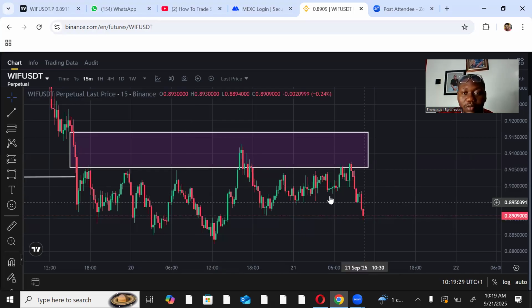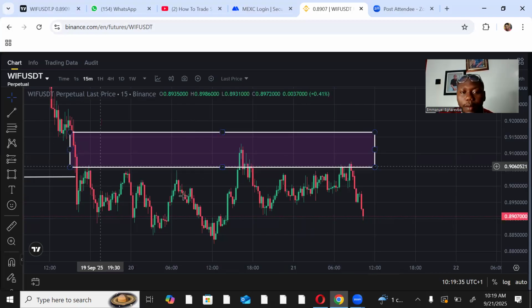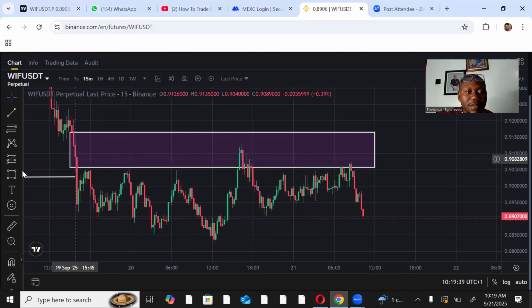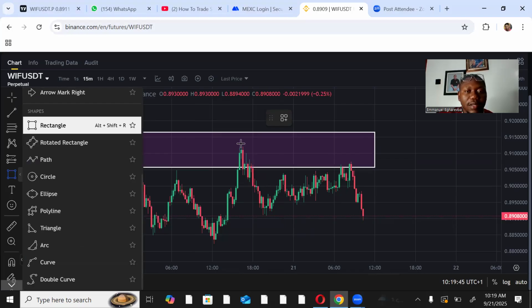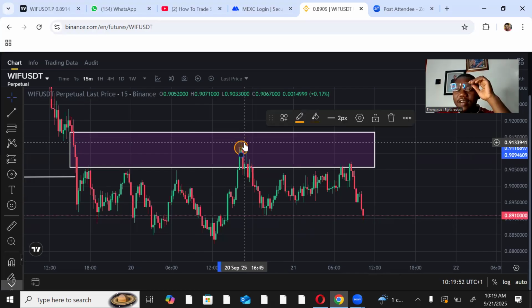This is what price will definitely do: come back, rebalance itself, and then move. So here's our point of interest. We already have price mitigating this zone right here.